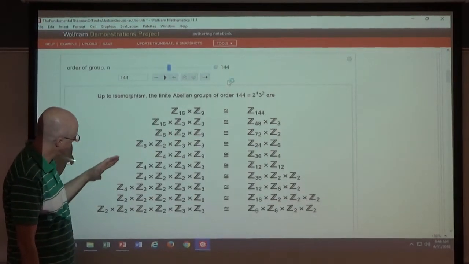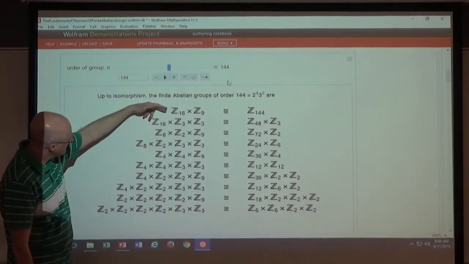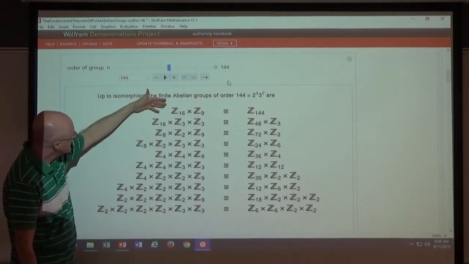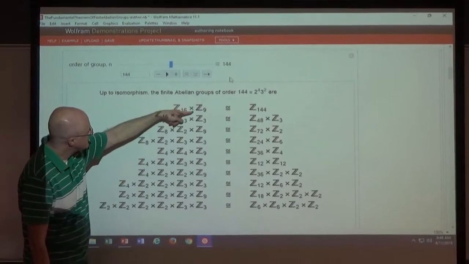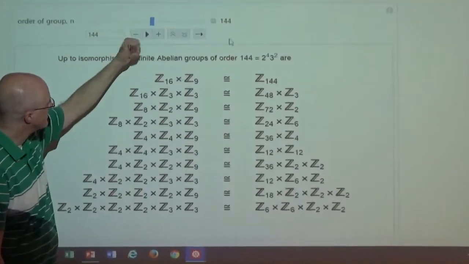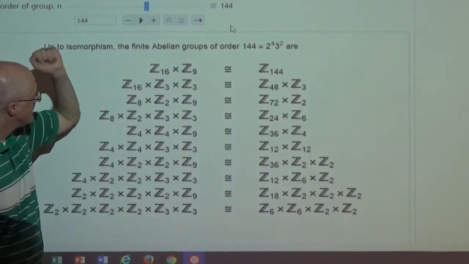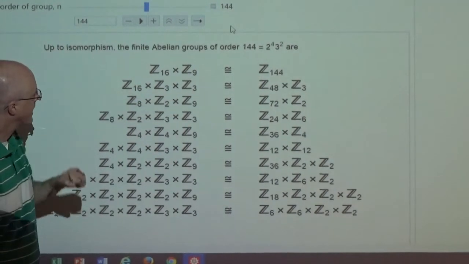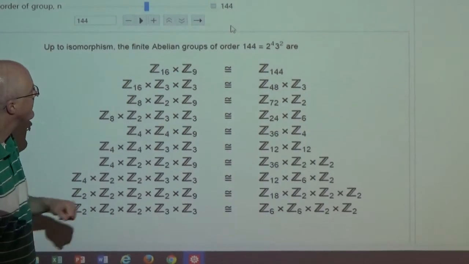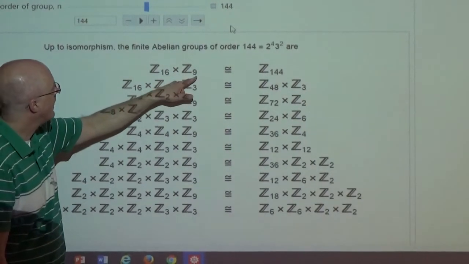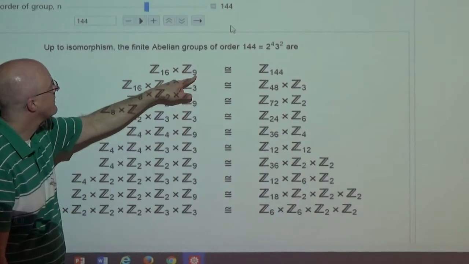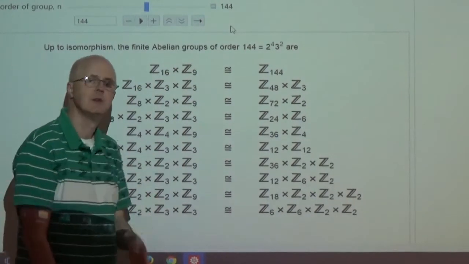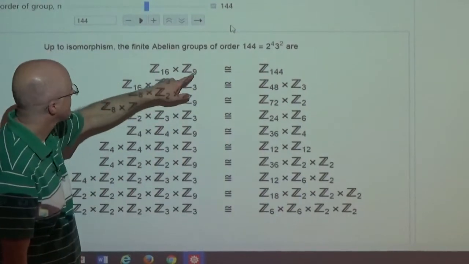But do notice, zooming in on all these if you need to, the order of each of these factors is a power of a prime. So we have Z16 external direct product with Z9. 16 is 2 to the 4th, 9 is 3 squared. We would also have Z16 with the external direct product of Z3 and Z3. There's the power of 3 here. 3 squared gives exponent 2. There are 2 partitions of 2: 2, and 1 plus 1. 9 is 3 squared.